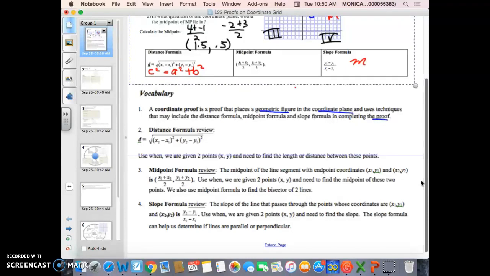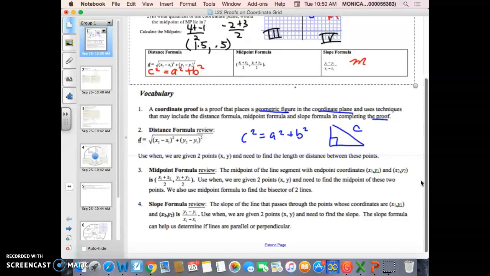And don't forget, once again, for distance formula, you can use c squared equals a squared plus b squared. If you have a right triangle, this will always be c. And then midpoint, you add the two coordinates, divide by 2, and then your slope formula, remember, is the ratio of the change in y, which is y2 minus y1, over the change in x.